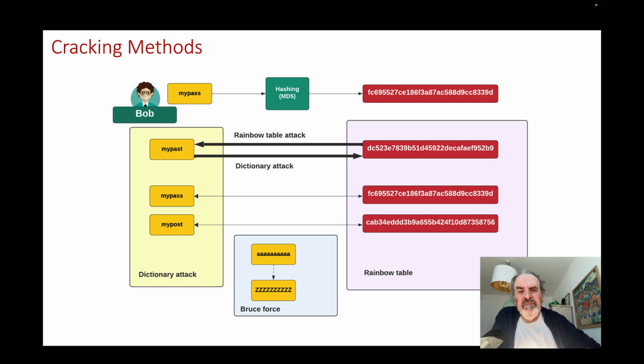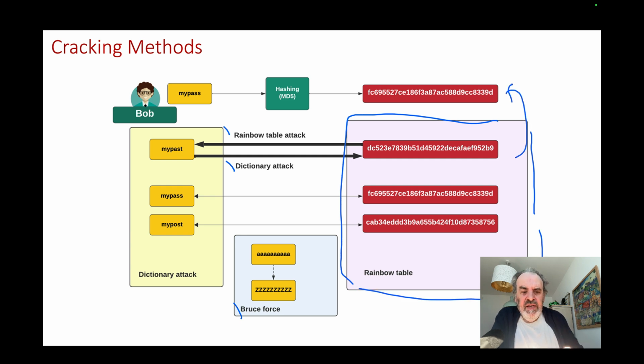Okay, so the basic methods that we use to be able to crack them are either rainbow tables, dictionary attacks, or brute force. With a rainbow table, we build up a massive table, a hash table of these hashes, and then we should be able to reverse these back to the original value. These are used when there is no salt value used.